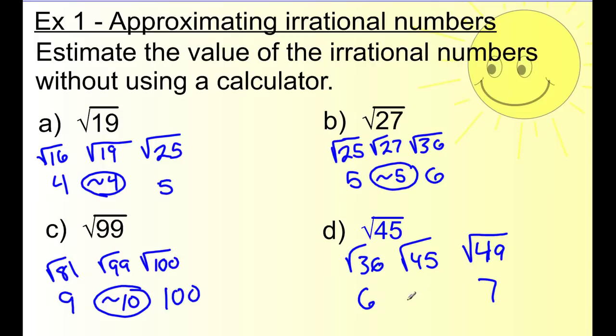So it's 6 point something. Now, is it closer to 36 or closer to 49? Let's see. This is 4 numbers away. And between 36 and 45 is 9 numbers away. So I would say it's closer to 49, so this guy is about 7. And there we go.